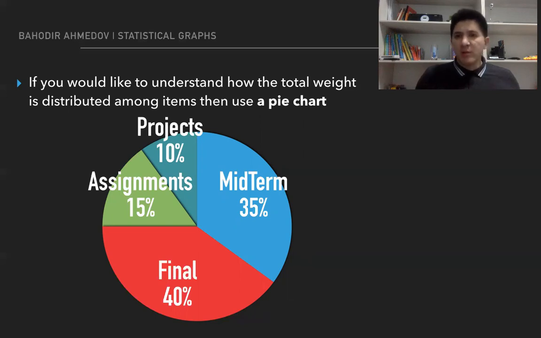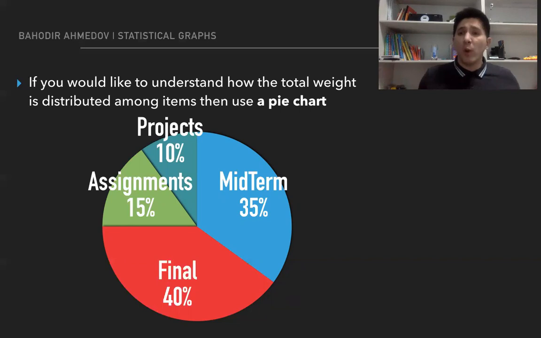So all of these graphs are very powerful if you use them properly. Depending on the data type and depending on your purposes, you need to use different types of graphs. But even if you choose the proper type of graph, sometimes technical problems may lead you to the wrong impression.